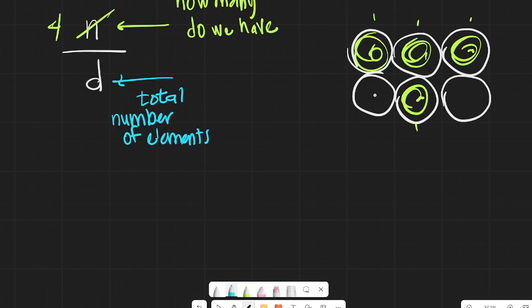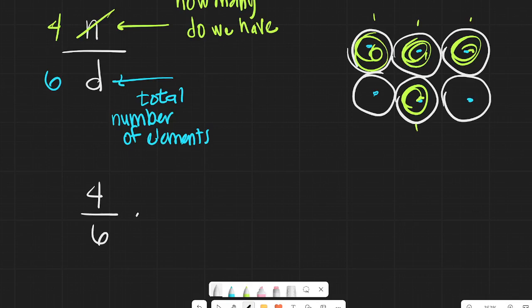But we can also simply just count all of the cans, and we know that it's 6. This means that the fraction that represents how many we have versus how many total there should be is 4 divided by 6.